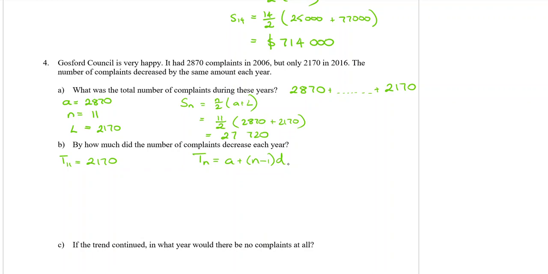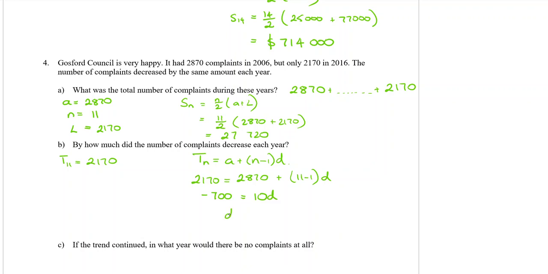So let's sub in. My term was 2170. My first term was 2870. There was 11 terms there, so 11 take away 1, and that's times by my D. So, subtract the 2,870 across to the other side, and you get negative 700. 11 take away 1 is 10D.